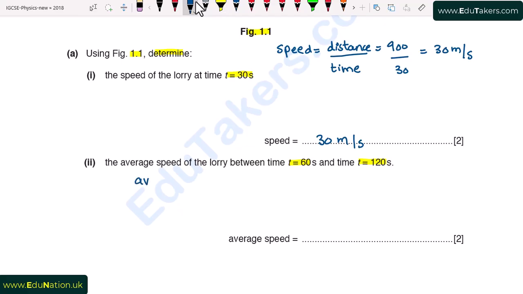So average speed will be equal to total change in distance divided by total change in time.